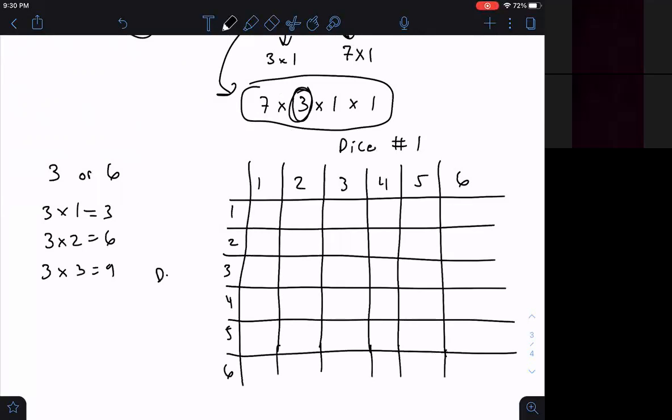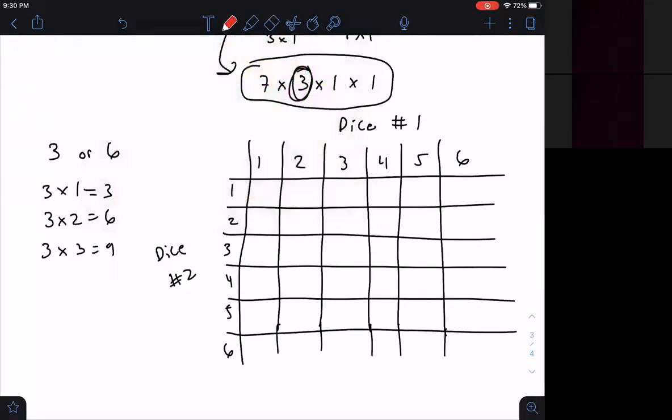This is going to be on dice number 2, and I'm going to do this in a different color. So first, what do we know is divisible by 3? Well, on dice number 1, if we multiply 3 by any of these, then it's going to be divisible by 3, no matter what. Those are divisible by 3. Now, the same thing goes for 6, as we proved earlier.